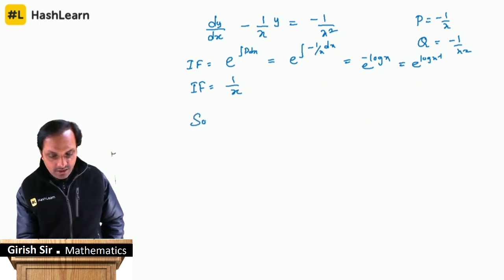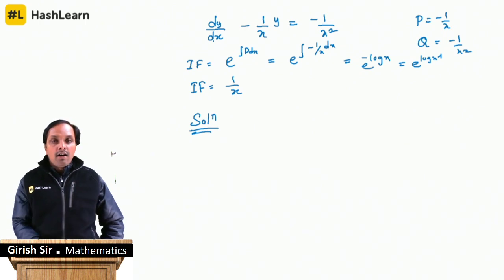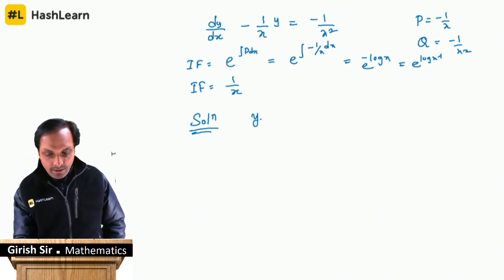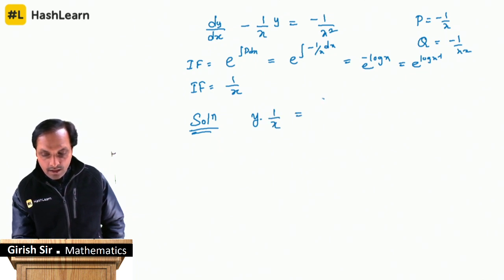What is the solution for integration? Of that is linear differential equation. Y into integrating factor equals integral of q, which is minus 1 by x square into integrating factor 1 by x into dx.